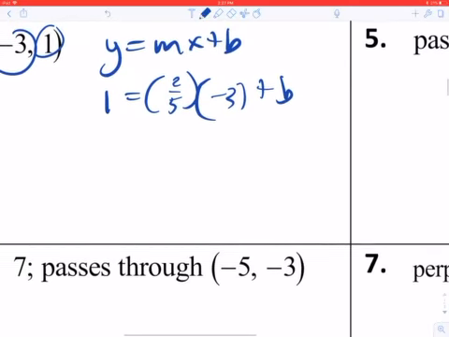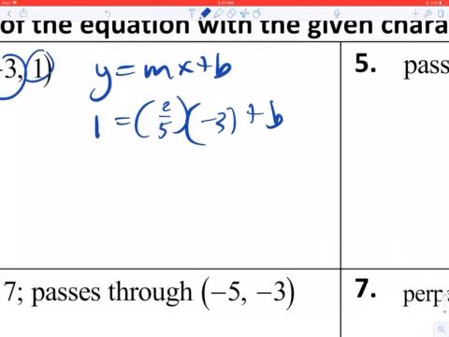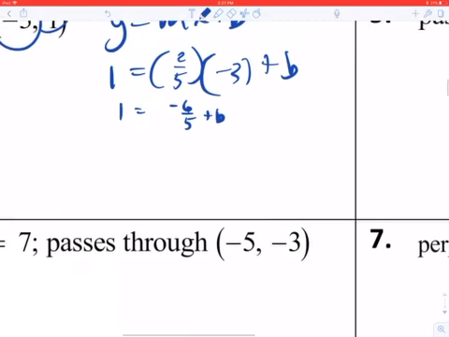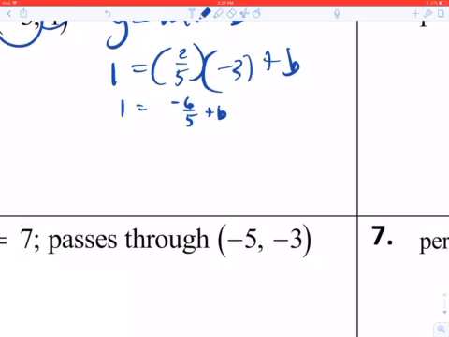So let's zoom in a bit. Sorry, something on my screen. I get 1 equals -6/5 plus b.